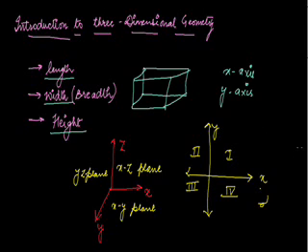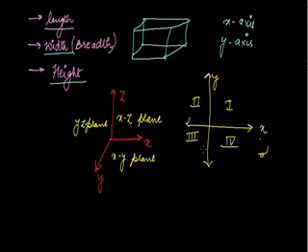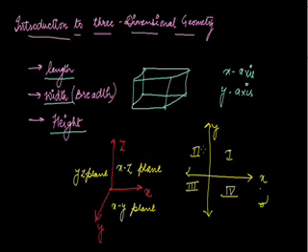That is why we require the introduction to three dimensions, because here we will be talking not only about x-axis and y-axis, but one more coordinate axis will be added, that is z-axis.